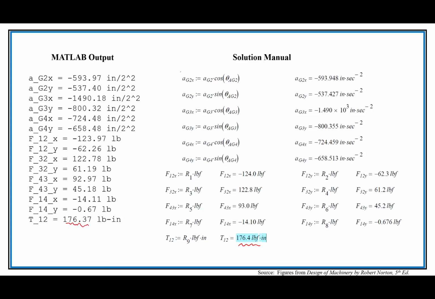We could also compare all of the accelerations at the center of gravity. I believe these were given, but I ended up getting them in my solution just to make sure it was true. And then right here, we can see that we have all these forces.